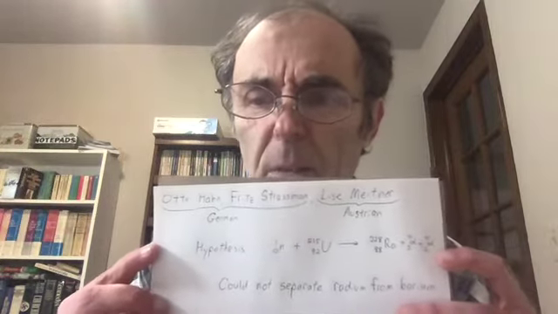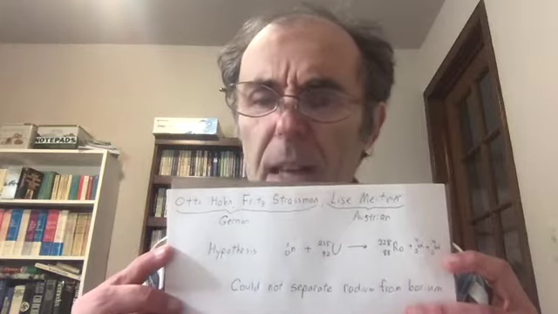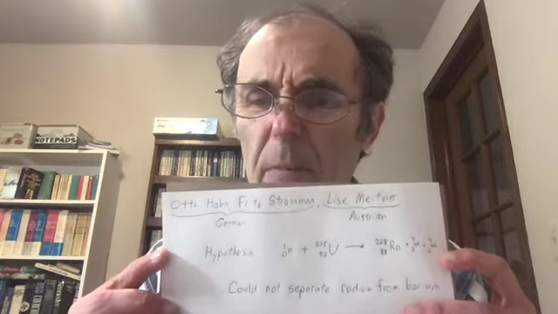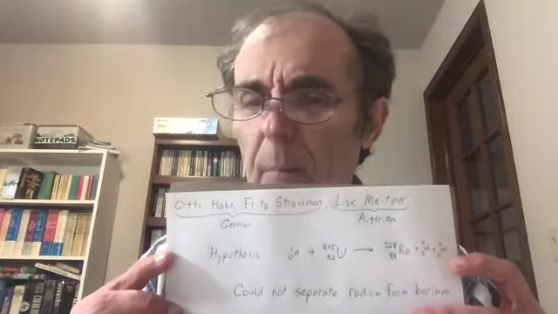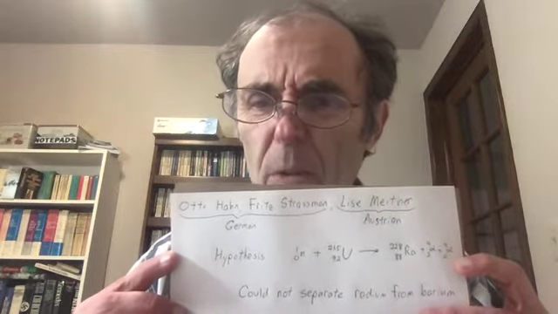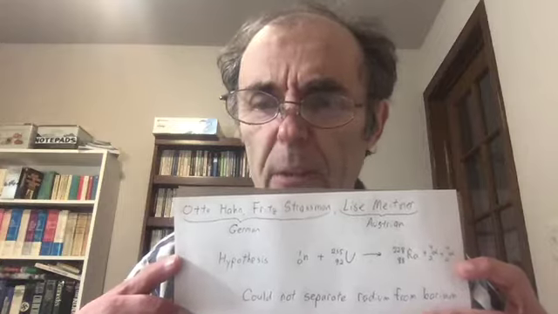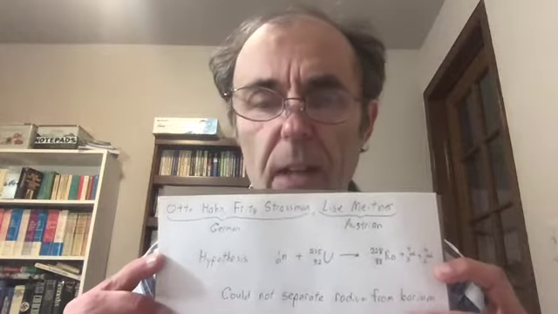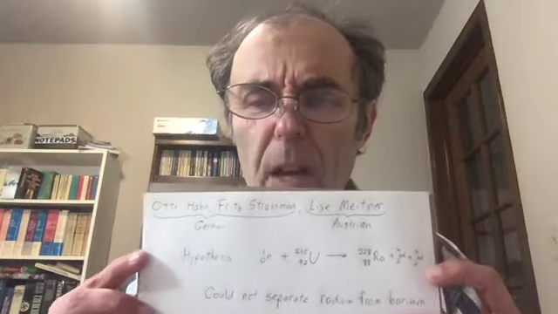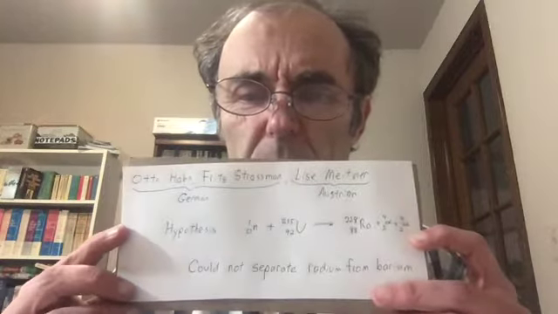And they were seeing radioactivity released, and their hypothesis was that a neutron was coming in, hitting the uranium, and chipping off a couple alpha particles, and leaving you with radium-228, which was then radioactive, and you could produce an artificially radioactive isotope.